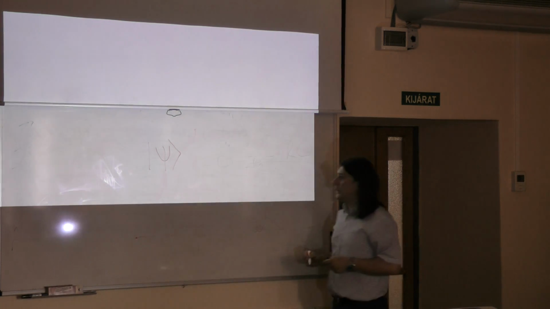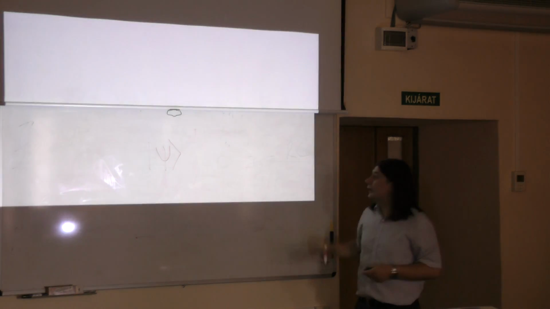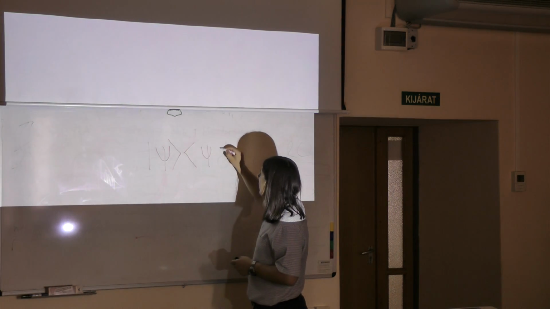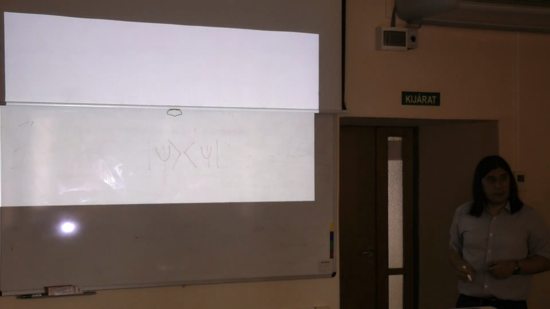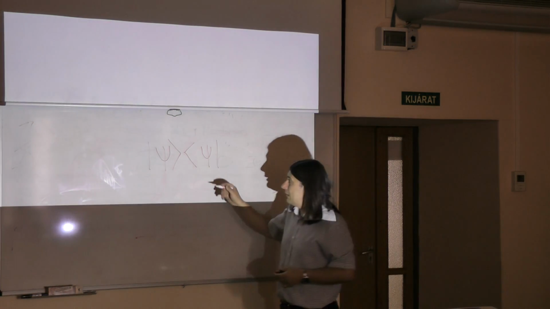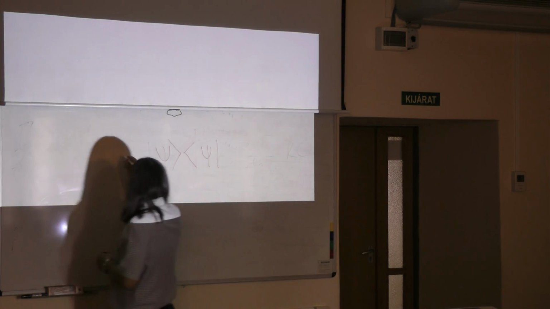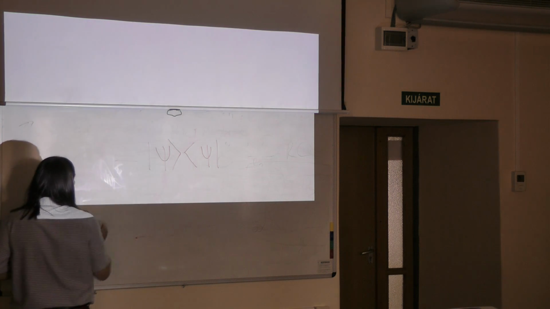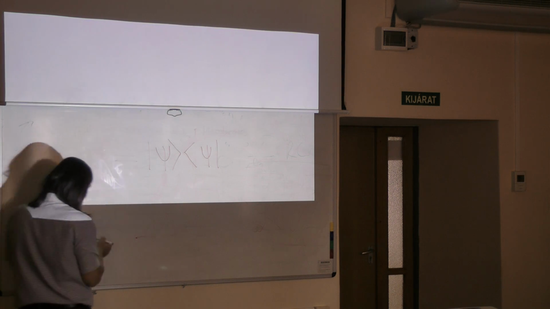In Dirac notation, this is a ket, and this is the complex conjugate of the same wave function. In Dirac notation, we call it a bra, and that product is kind of the probability of the system being in that state. And we call this the density matrix.